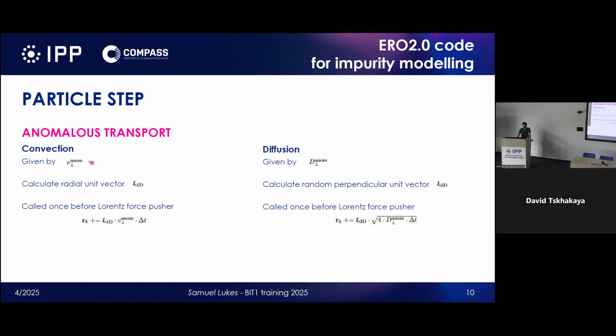But in the case of low Z impurities like lithium, for COMPASS Upgrade we have some predictive capabilities on those anomalous coefficients from the METIS model for the background plasma. So for the low Z impurities, I assume the same coefficients as for the background plasma. Okay, so for D, I think you probably take like 1 meter squared per second or something like that. Yeah. Okay, thank you.